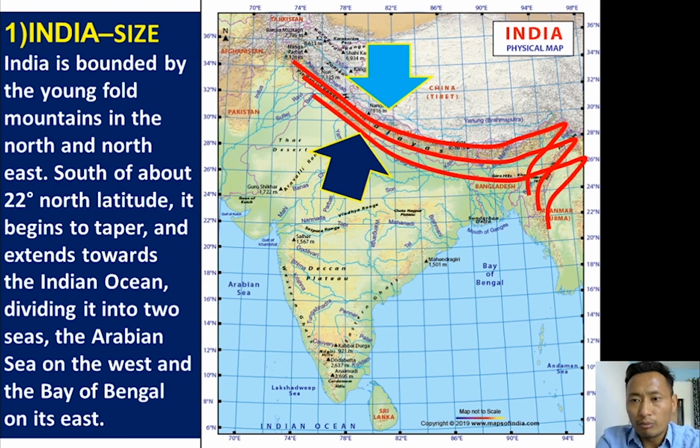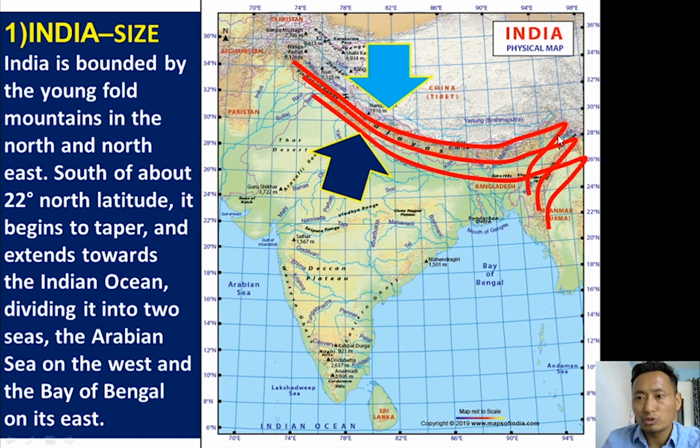They are formed because of the convergent movement of two tectonic plates, the Eurasian plate and the Indian plate. These two plates collide, and since the Indian plate is heavier or denser, it moves under the Eurasian plate and gave rise to the Himalayan mountains.